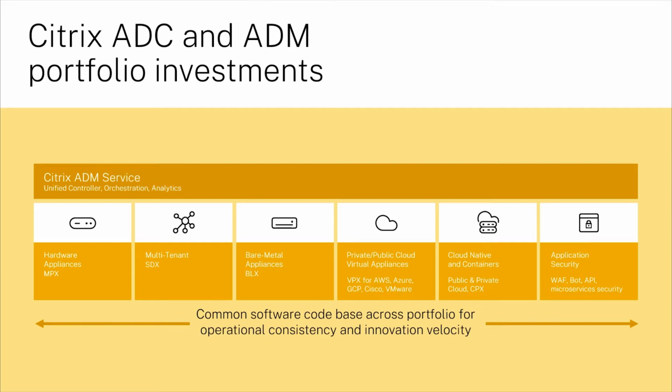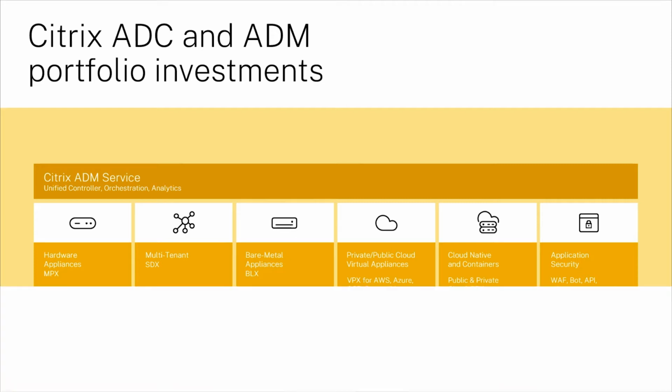It centralizes all aspects of the application delivery and enables you to orchestrate, automate, configure, monitor, and troubleshoot your application delivery infrastructure across your multi-cloud, on-prem infrastructure, and monolith and microservices-based applications. It's groundbreaking, and it makes your life so much easier.